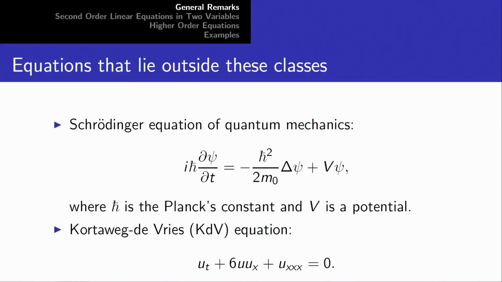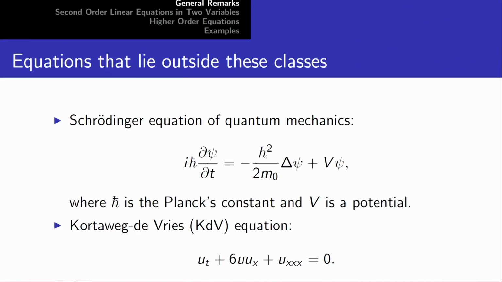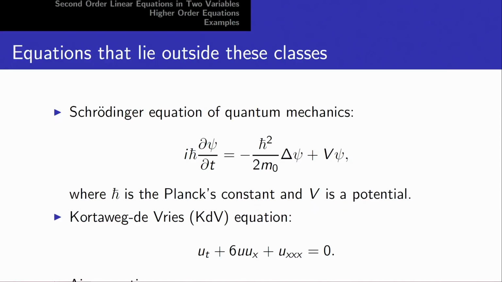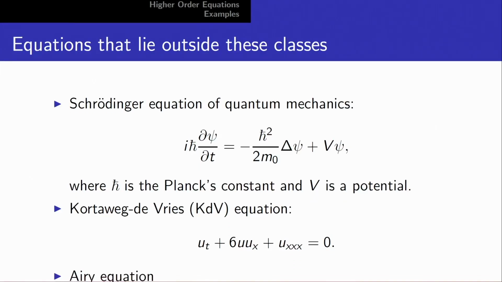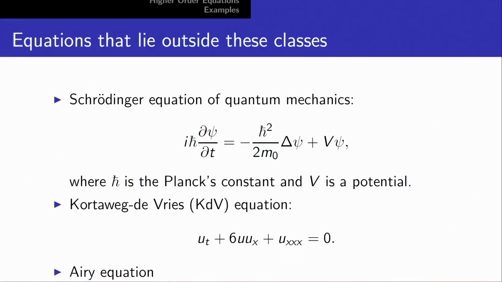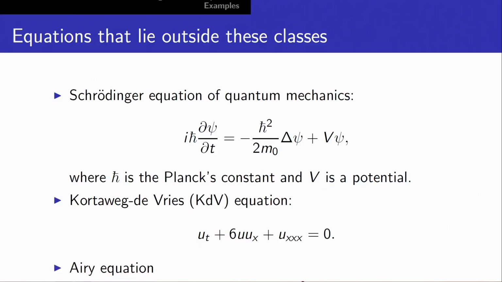The next one, again very much studied in the literature, is commonly called the KdV equation, the Korteweg-de Vries equation. It is also a nonlinear equation of third order. Okay. So, u xxx.